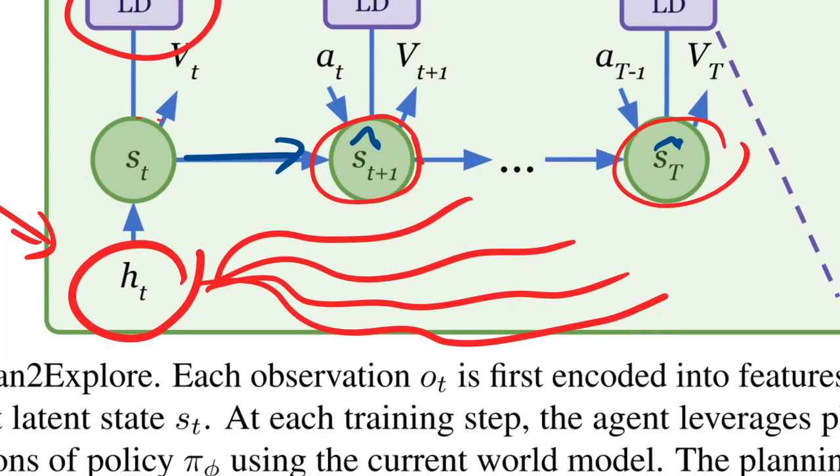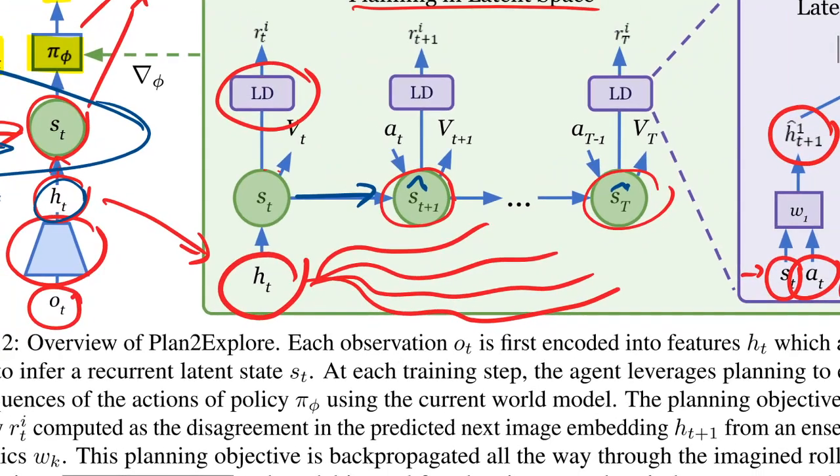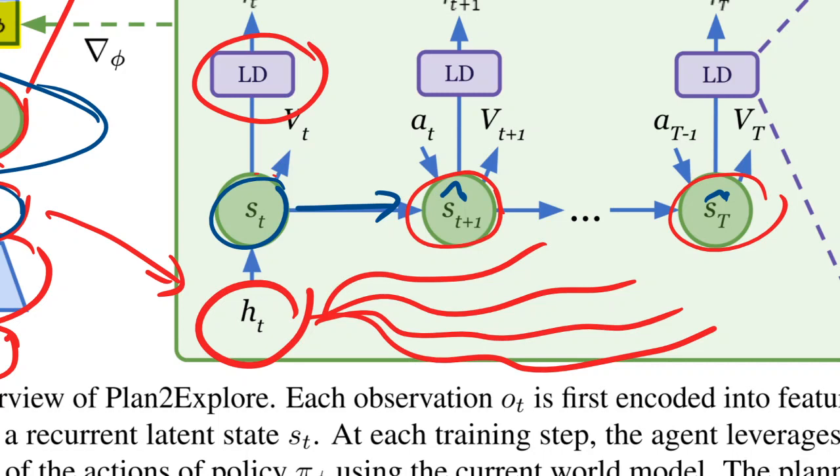So if I have this H and I have this state, it tells me if I do action A1, and if I were to execute this in the real world, what would be my next H that I would get? So basically, by performing an action, I will get the next observation, and I will encode that to get the next features.